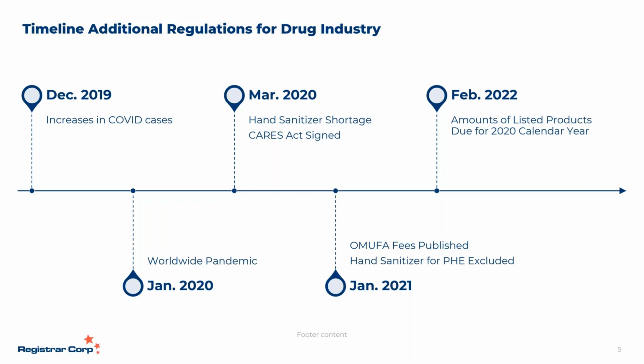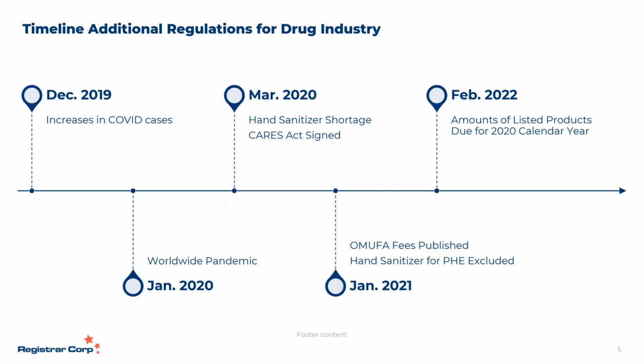Close to a year after the signing of the CARES Act, OMUFA fees were published. January of 2021 was the first round of publications for user fees on the over-the-counter monograph drug manufacturers. FDA initially retracted the first notice after the hand sanitizer manufacturers, who were trying to help with the shortage, filed complaints on these user fees.